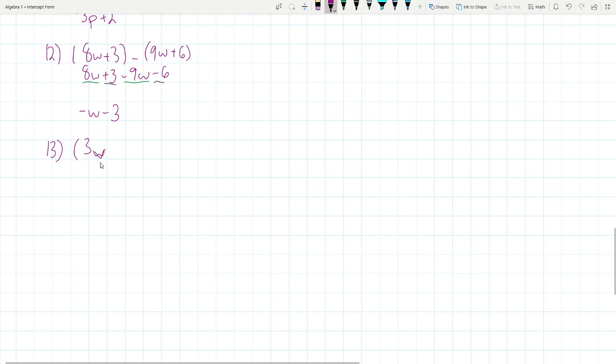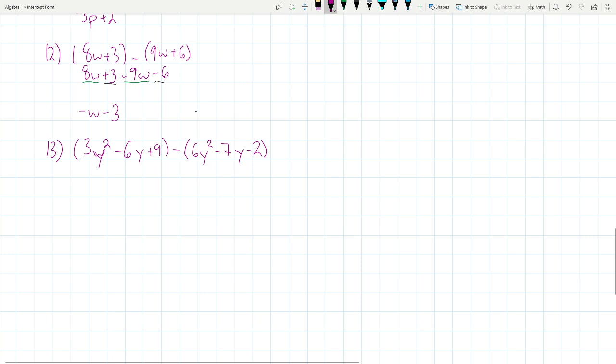3y, not w, squared minus 6y plus 9 minus 6y squared minus 7y minus 2. Now again, this looks really intimidating, but the reality is it's not changing much. The only thing that we're doing is we're just kind of adding another term on there.